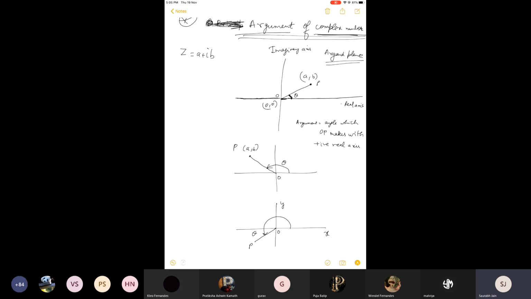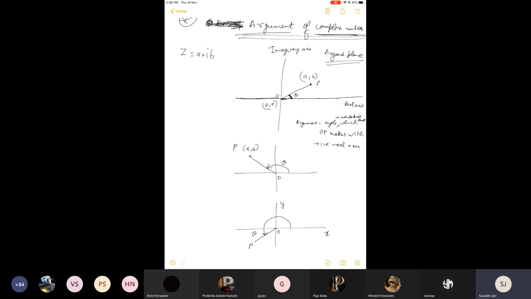One more thing, you can write: angle in anti-clockwise sense which OP makes with the positive real axis. This is called argument.